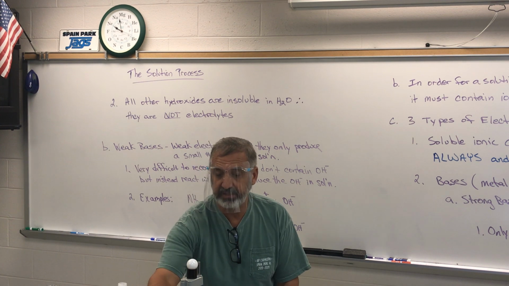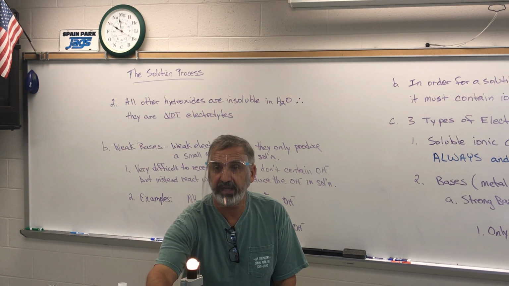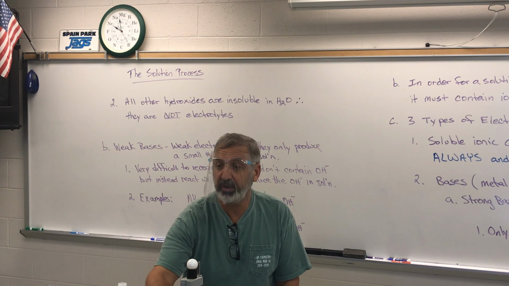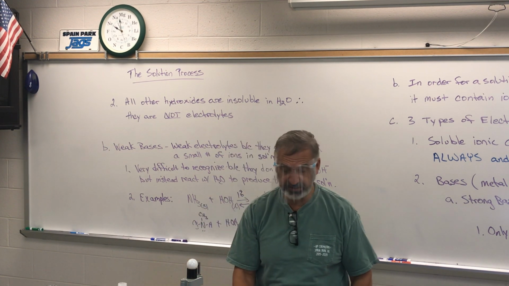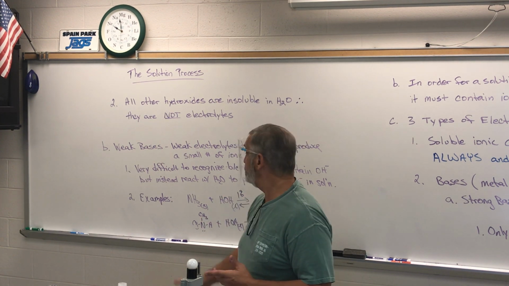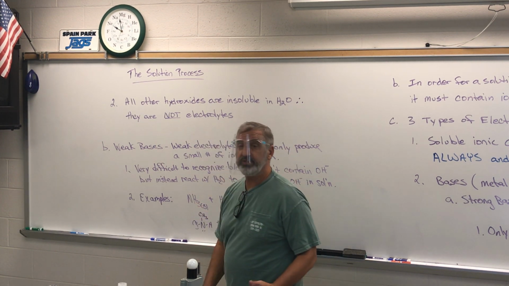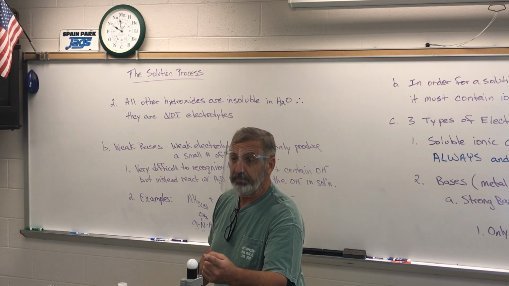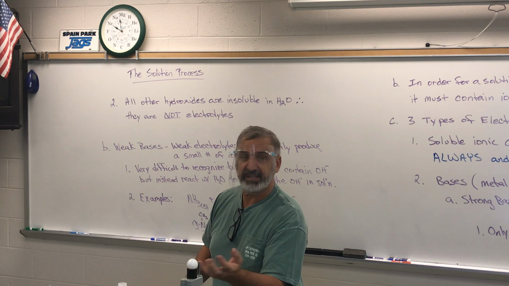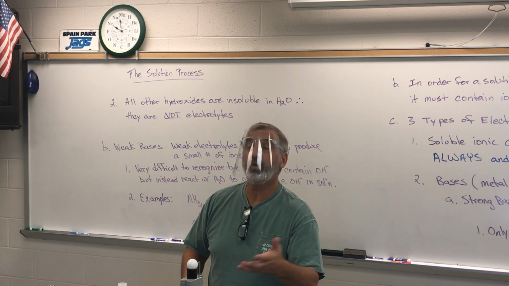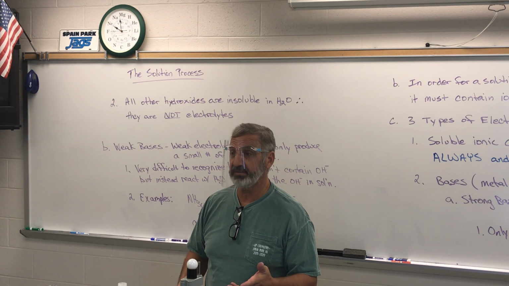It should conduct electricity, and voila, it does. It conducts well. But ammonia is a weak base. So the light bulb comes on, but barely, it's dim. It still conducts electricity, just not as well, because there aren't as many ions. The more ions that are present, the better it conducts.